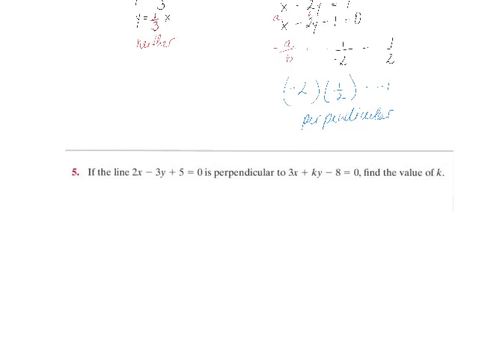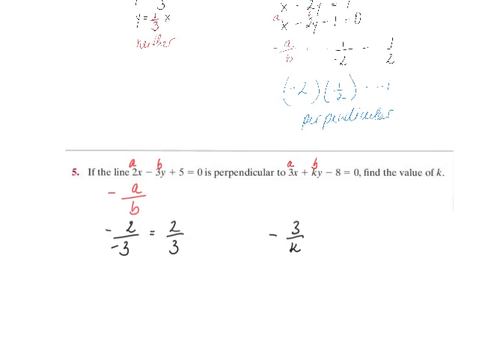So again, I have my A and my B, and again an A and a B, and I calculate the slope with minus A over B. For the first one, it would be minus 2 over minus 3. The two minuses become a plus. That would be 2 over 3. For the second one, I would get minus 3 over k.